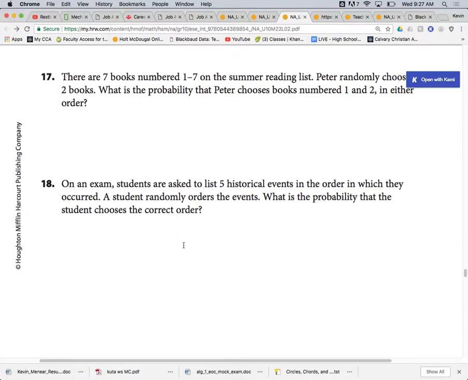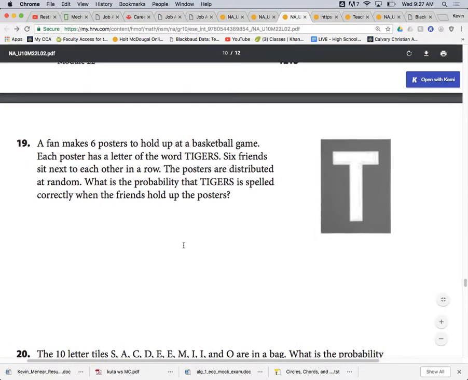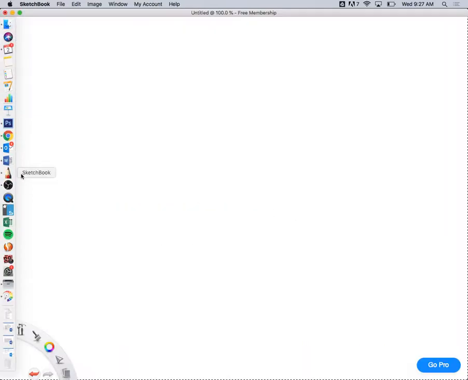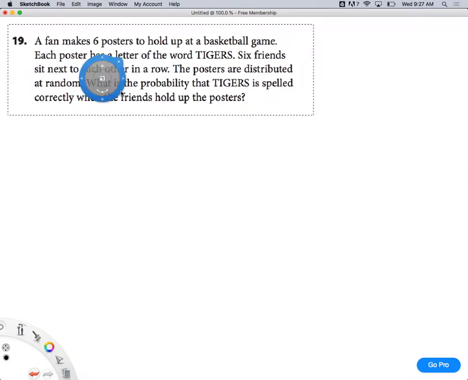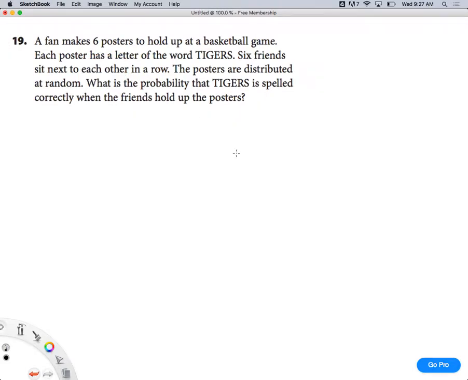Continuing on. Number 19. A fan makes 6 posters to hold up at a basketball game. Each poster has a letter of the word Tigers. 6 friends sit next to each other in a row. The posters are distributed at random.